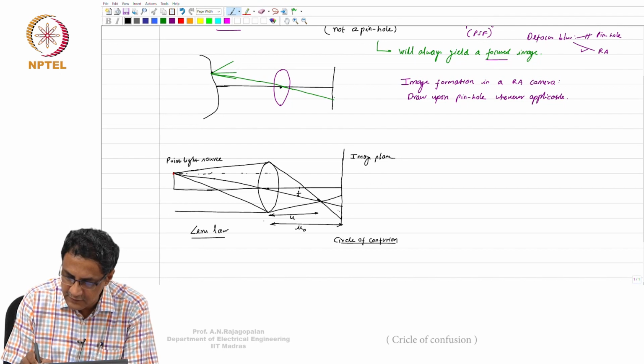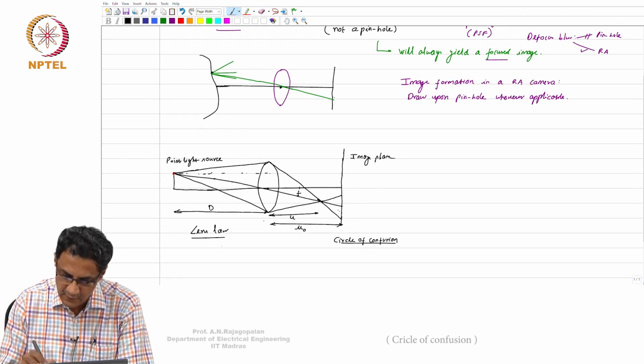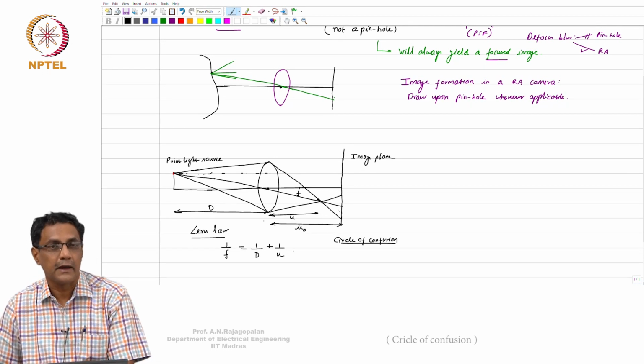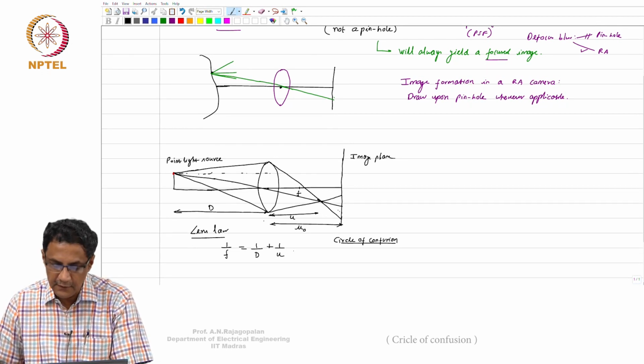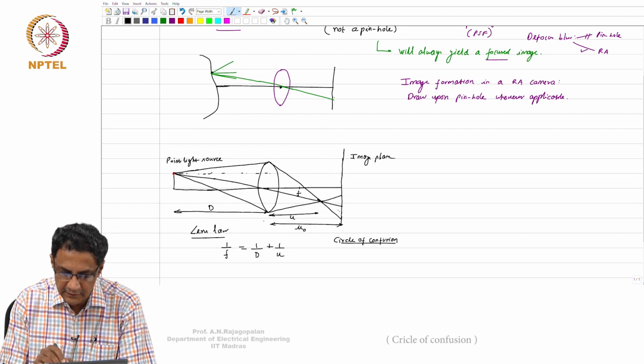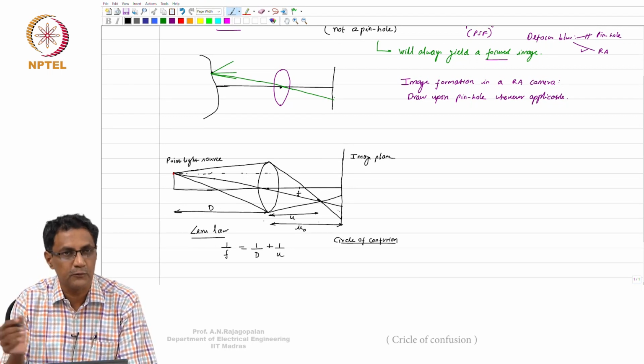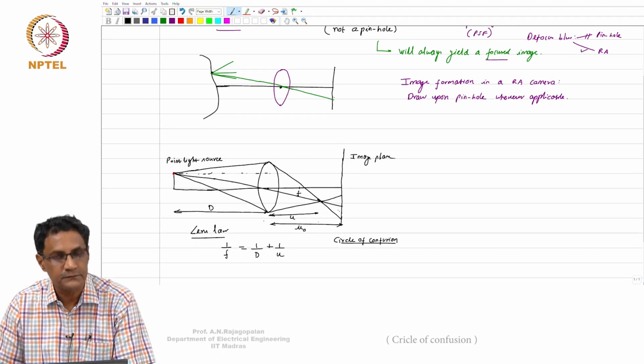From here to here is D. So the lens law is such that 1 by f is equal to 1 by d plus 1 by u. What this actually means is that a point at D would come into focus at U if the image plane was at U and not at U naught, of course.